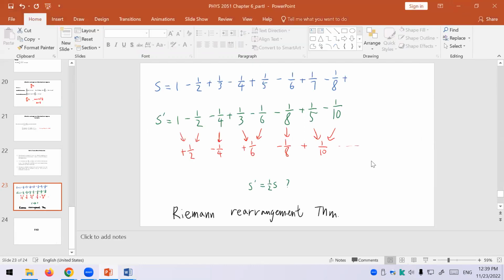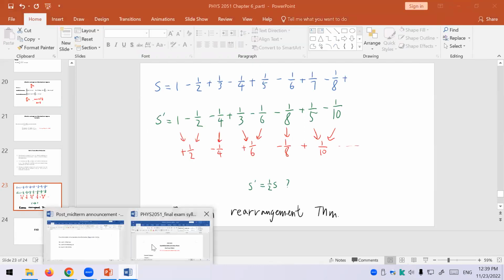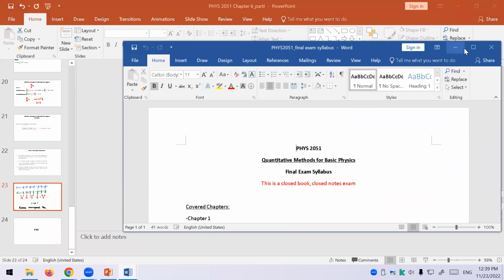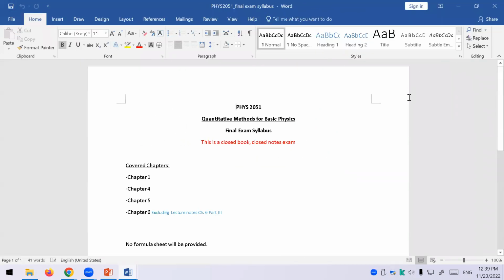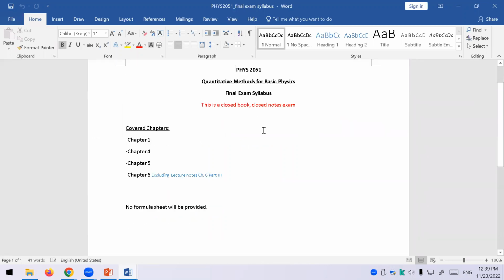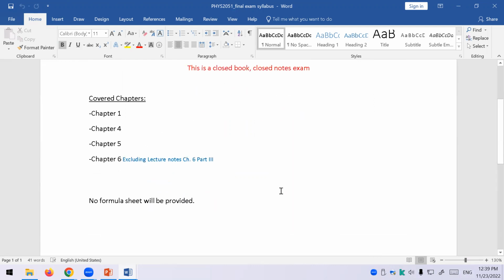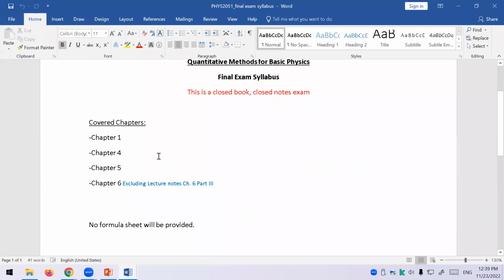The other thing is about the final exam, the syllabus for the final exam. Pay attention to this. Again, closed book, closed notes. These are the chapters that we will cover. Chapter 1, partial differentiation. Chapter 2 and chapter 3 won't be there, so no multiple integrations, no vector calculus.